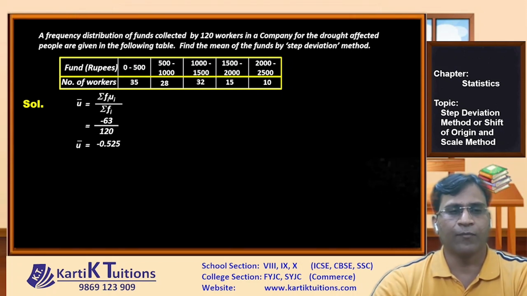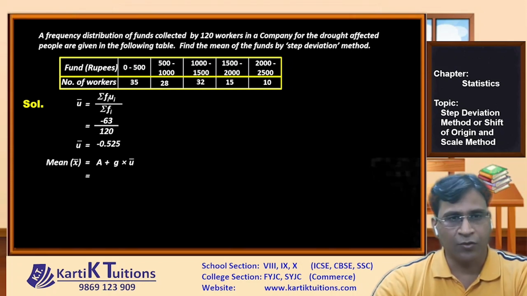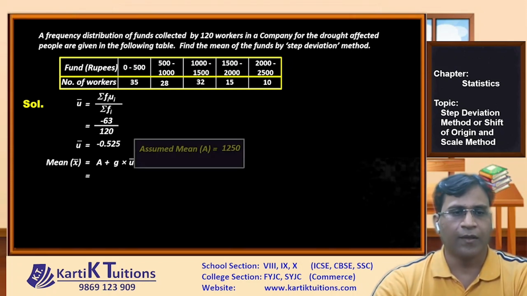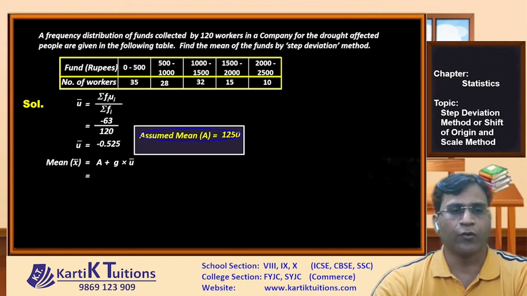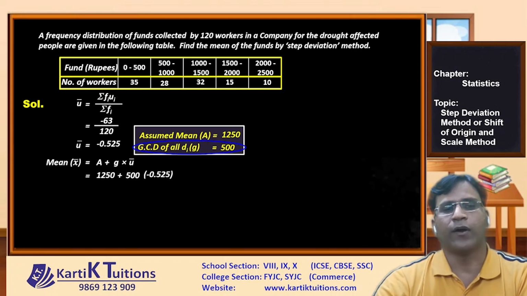Now after that, mean. What is the mean formula? A plus h into mean u. Now what is A? Recall, though you probably don't remember, but still, it is 1250. So 1250 plus your h, your class width is 500 into minus 0.525.